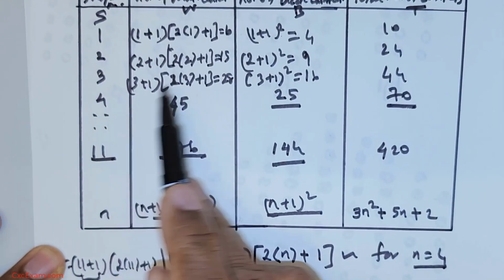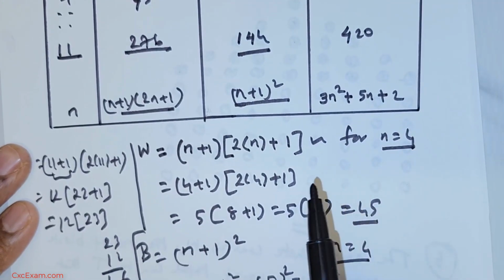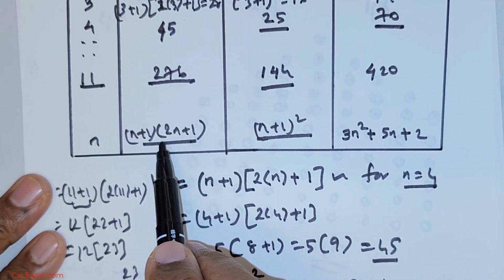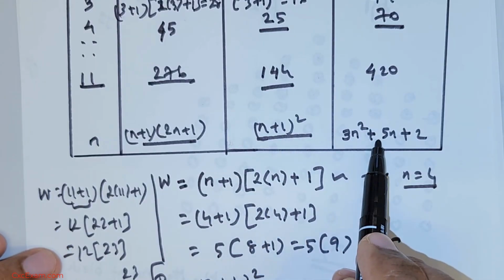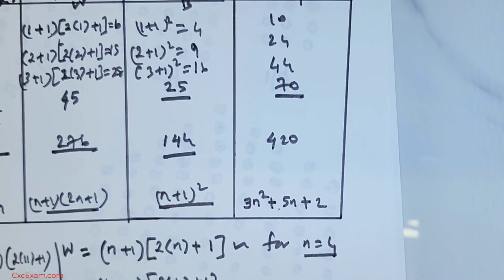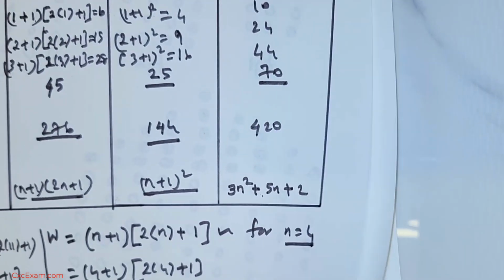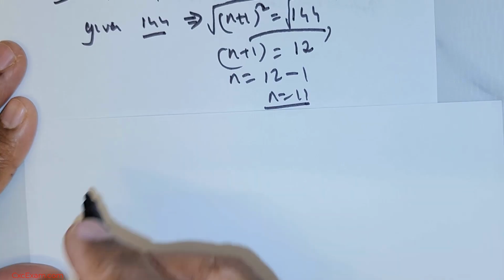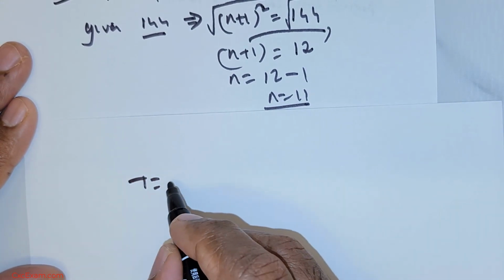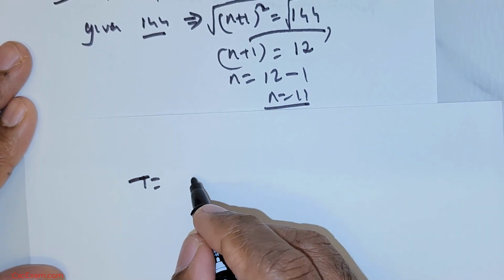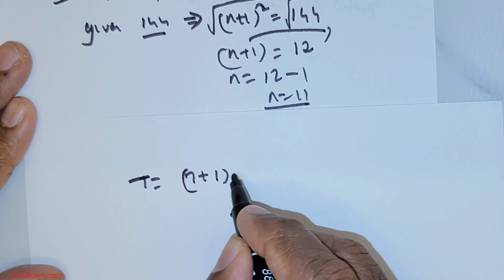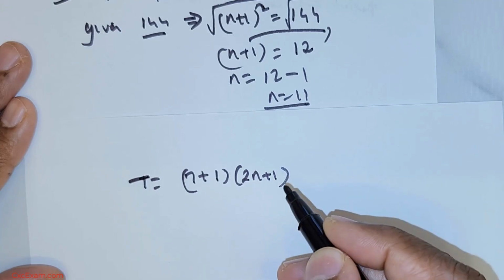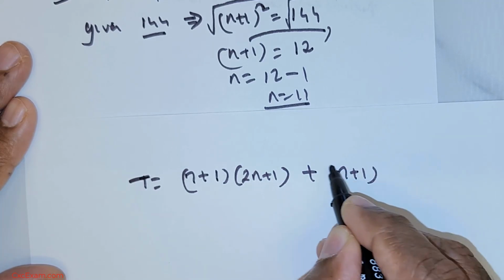So we have got all the information. So now the all important information is, if we expand this and add to this expansion, we need to produce this. So that is the final check. So let me show you that. So what is required? T is actually (n + 1) times (2n + 1) added with (n + 1) the whole squared.